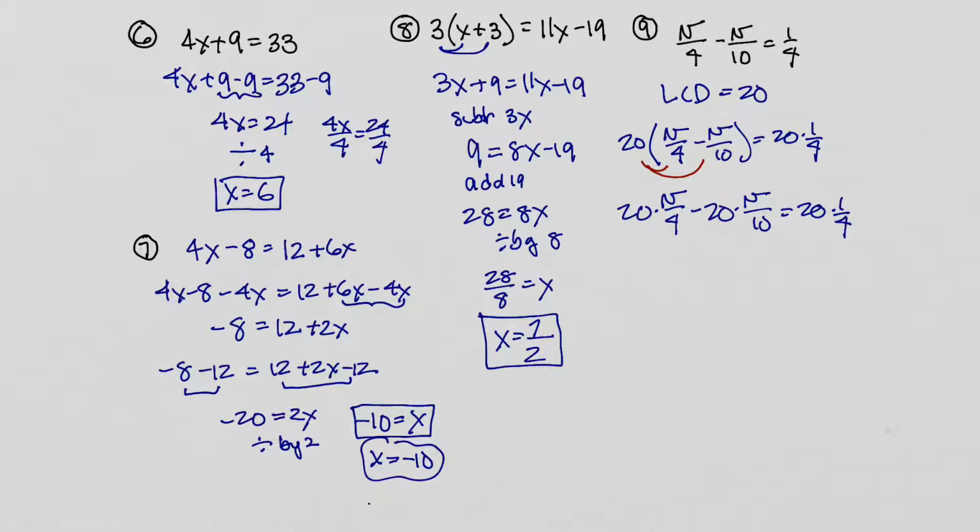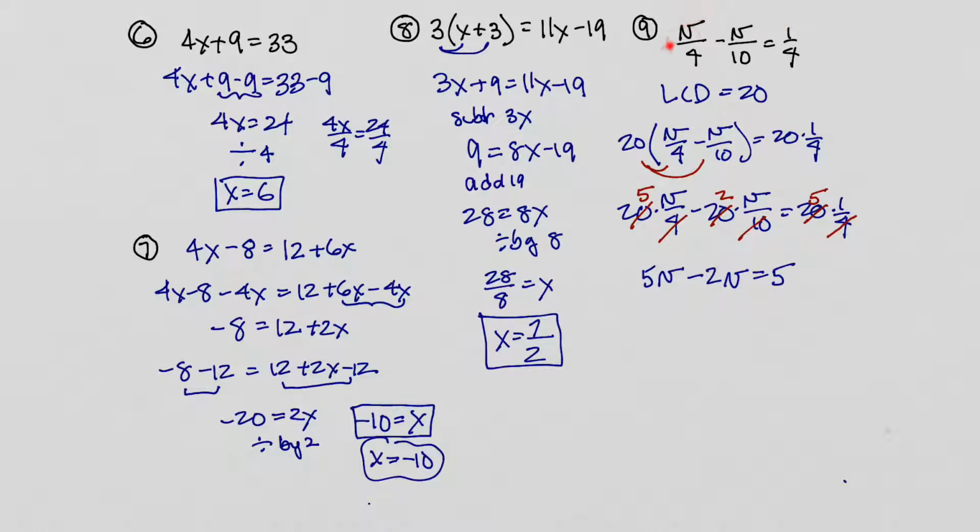Now here's what happens. In this first term here, 4 goes into 20 5 times, and we're going to get 5 times v, or 5v. Now in the second term here, 10 will go into negative 20 2 times, so I'll get negative 2v, and this is all equal to, now this 4 will go into 20 5 times, and then we're left here with 5 times 1, just a 5.